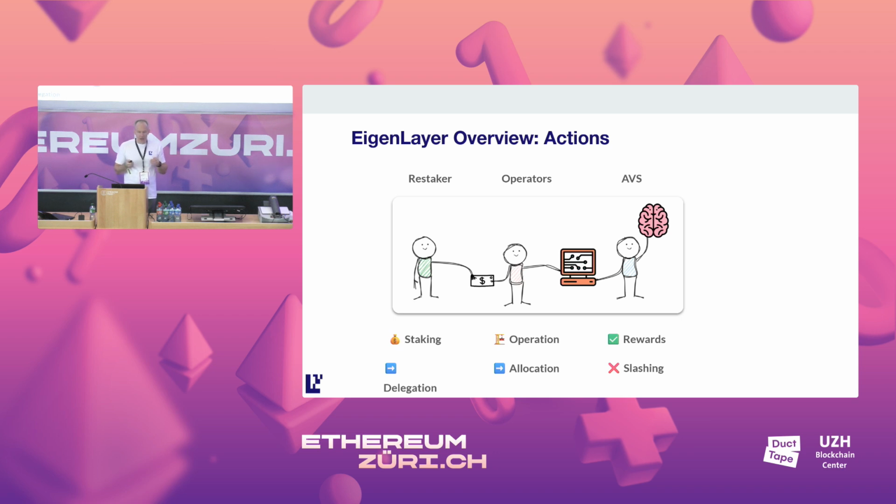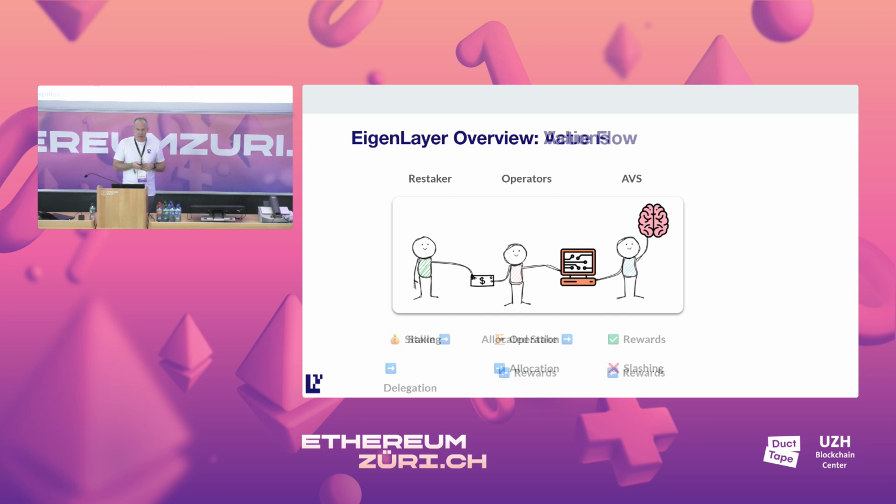And so there are a couple of actions here. The restaker is going to stake. They're also going to delegate that stake to an operator. Now this operator has all this delegated stake that has been entrusted to them, and they need to run their service correctly. So they're going to allocate that stake into a service, an AVS. The AVS is going to have predefined logic so that if the operator performs the service well, they get rewarded. And if they behave maliciously, they get slashed, or they just simply get ejected from the operator set.